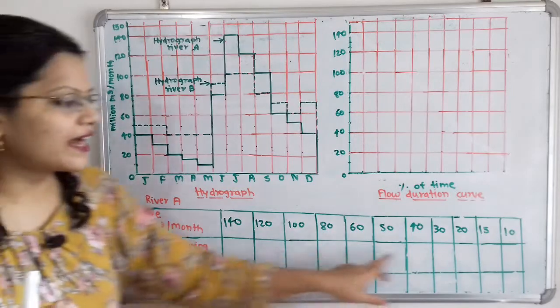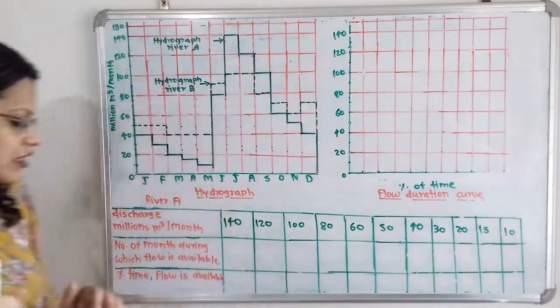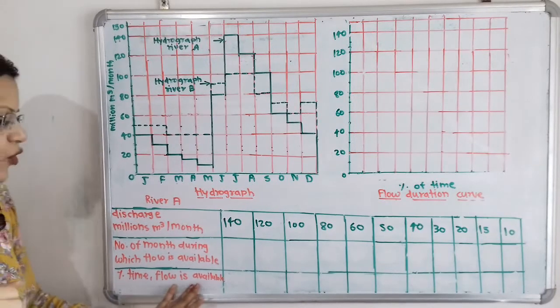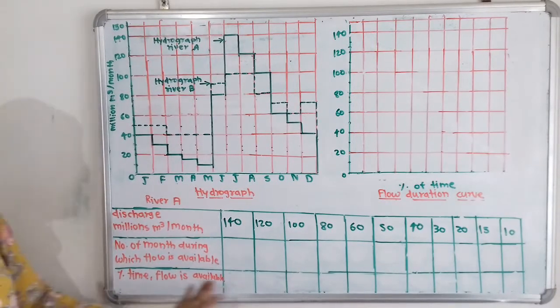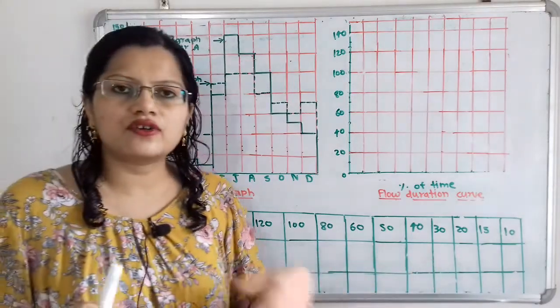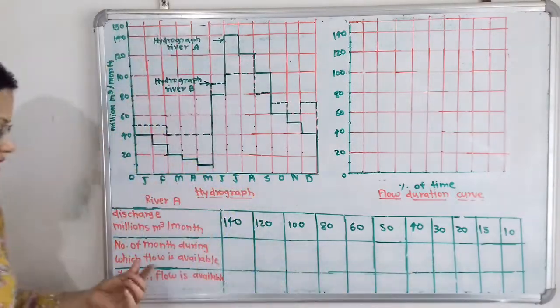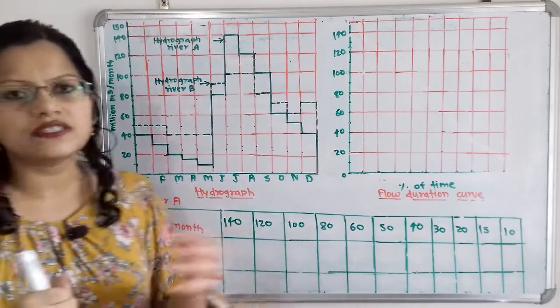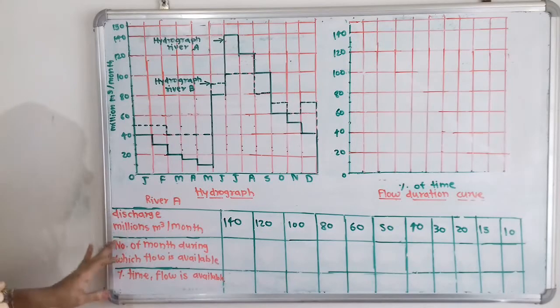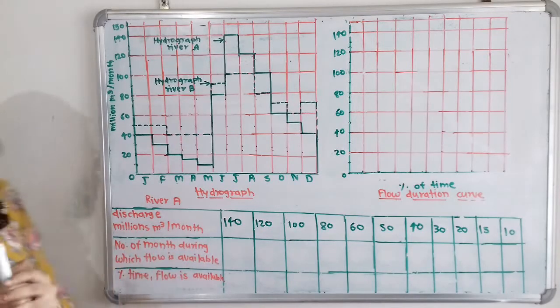Then in the third row, we mention the percentage time flow is available. This third row is the calculation part. With reference to the second row, we calculate the percentage time for which flow is available.